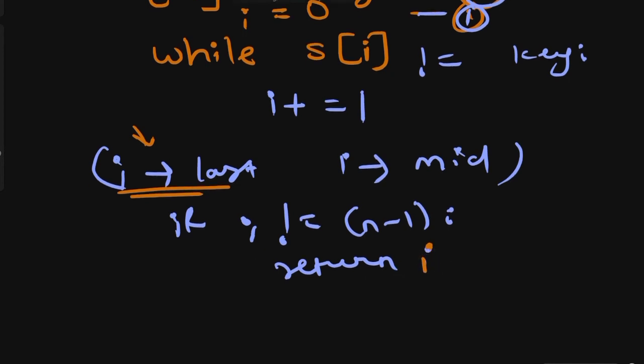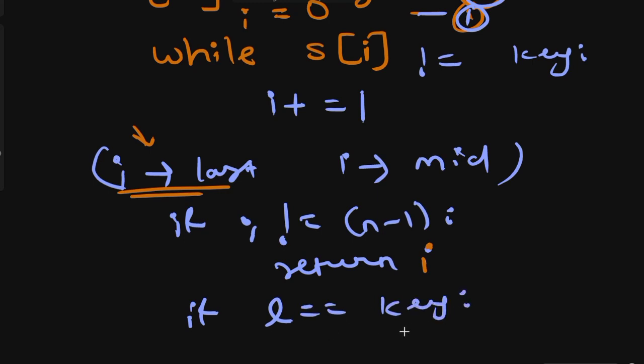Similarly, else, if it is not pointing to the last element, we return. If this is not the case, it means I is pointing to the last element, so we can check if the value we stored in L, the last element, is equal to key.